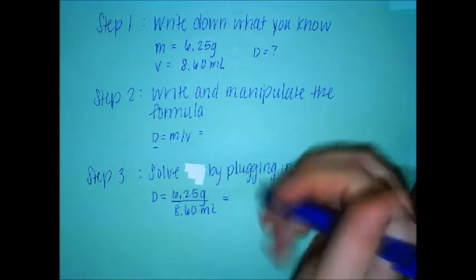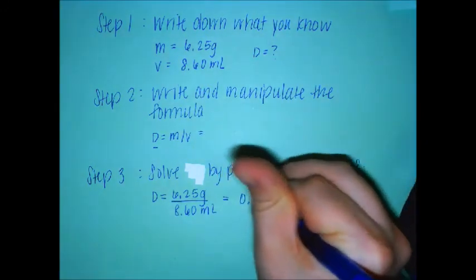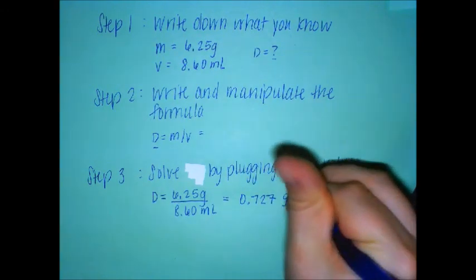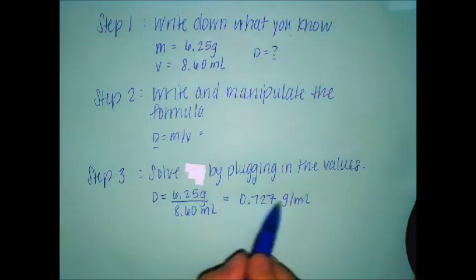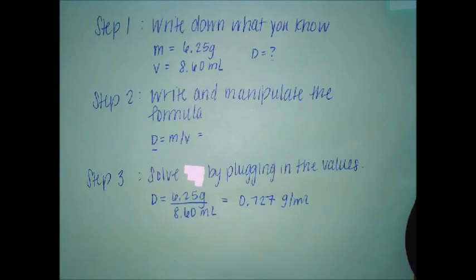You put that in your calculator and you should get 0.727 grams per milliliter. Notice that I kept my units. It's grams over milliliters. And that's it. So that's it for this one. We can go on to harder problems.